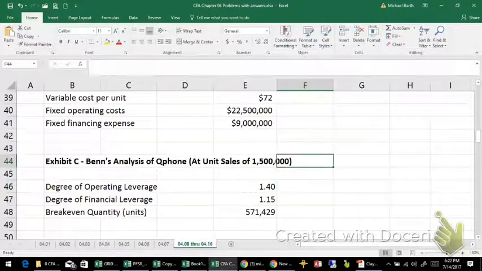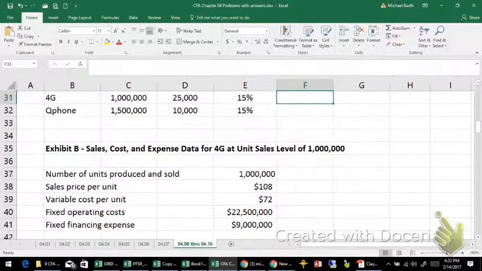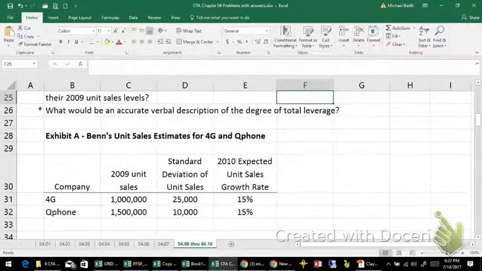This is for Qphone. She gathered the information to do the same calculations in Exhibit B for 4G. So some of the work's done, some of it still has to be done.